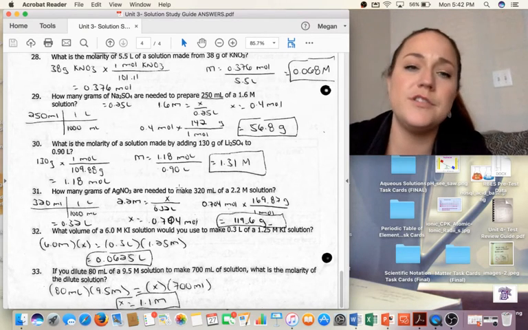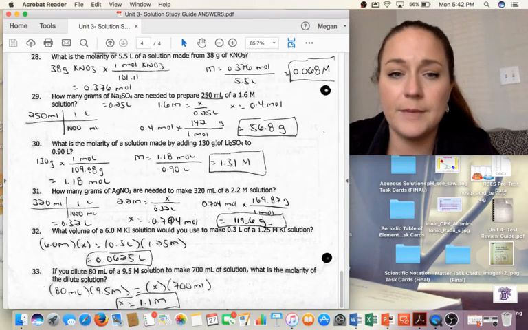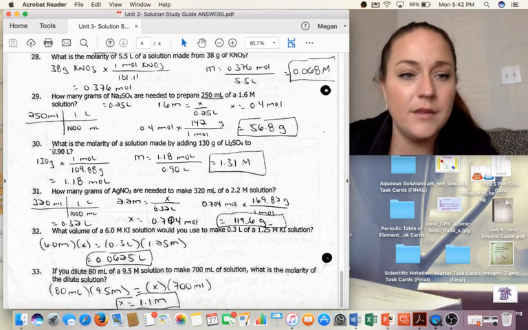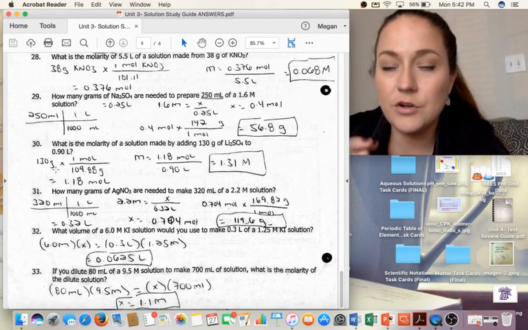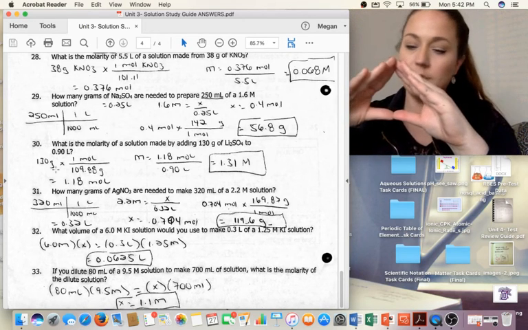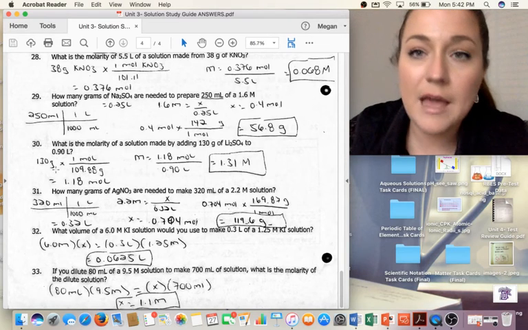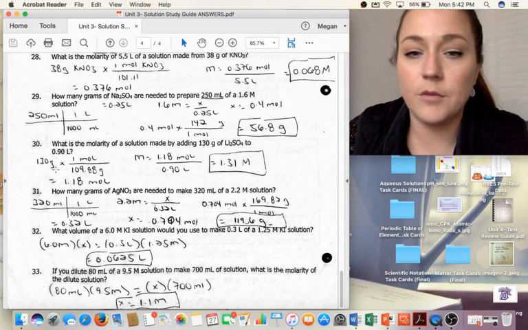You take the grams that you are given, the 130 grams of Li2SO4, and you're going from grams to inside the triangle. So that means you just need to divide by the molar mass.